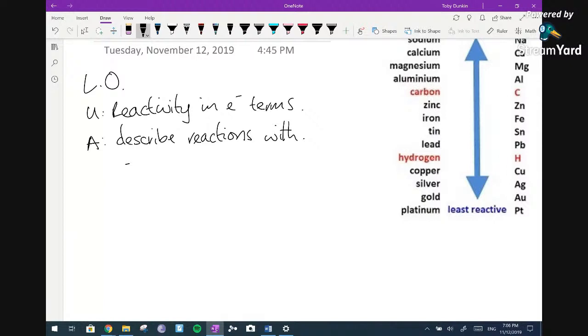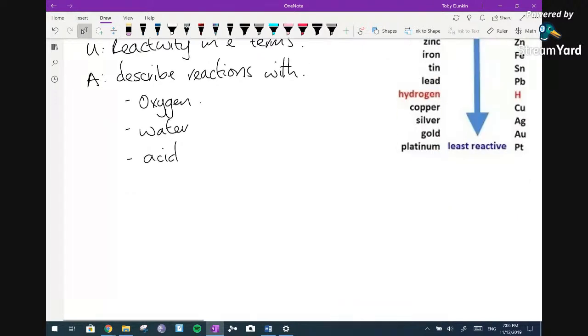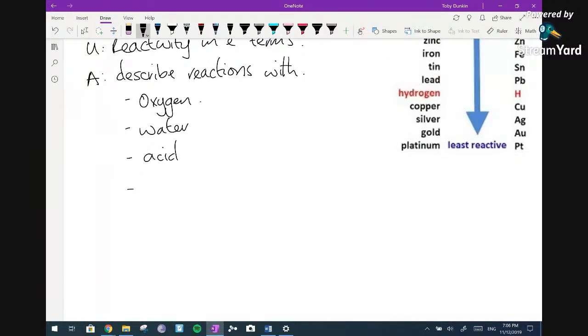The first one, of course, is with oxygen. Each one of these I'll be relatively brief with. Then with water. Then with acid.